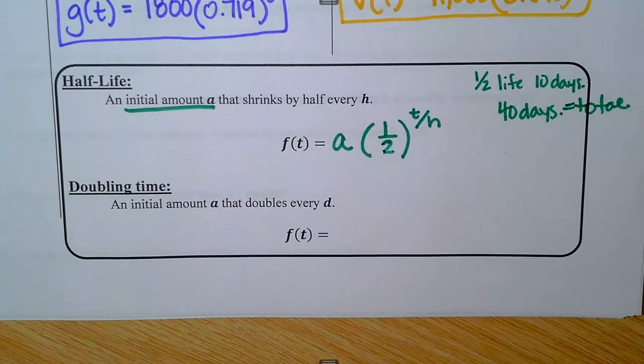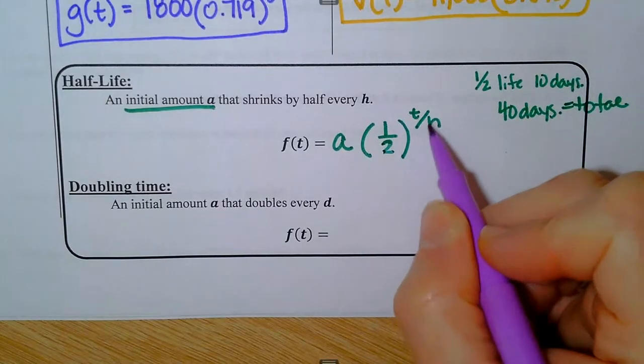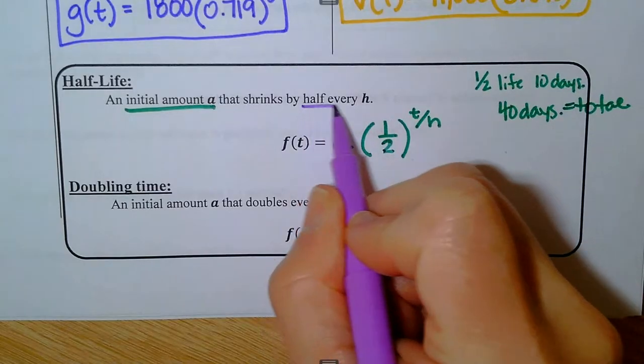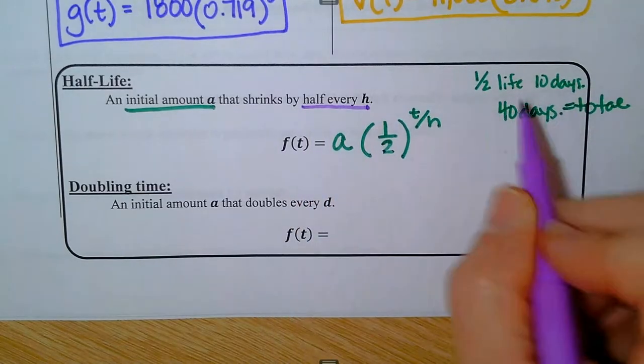So if you dump oil out, it has a half-life of 10 days. What does that mean? It's getting cut in half every 10 days. Something that might be evaporating into the air. That makes sense. What does the 40 days mean then? That would be the total, like if somebody said how much will be left after 40 days. That becomes the H. It's every half-life, that's just an example.